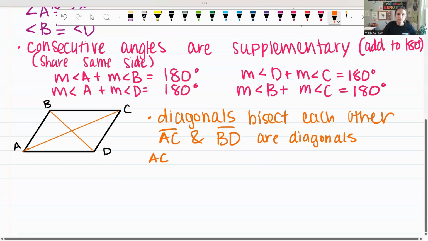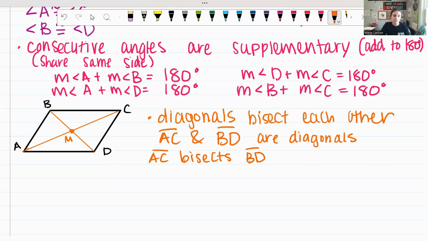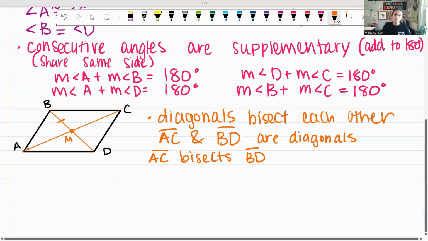So AC bisects BD, which means that at this intersection point, which we'll call point M, since AC is bisecting BD, these two halves, BM and MD, are congruent.